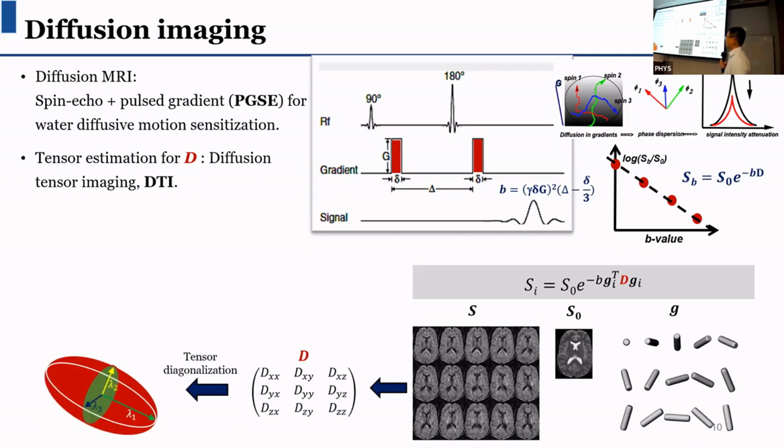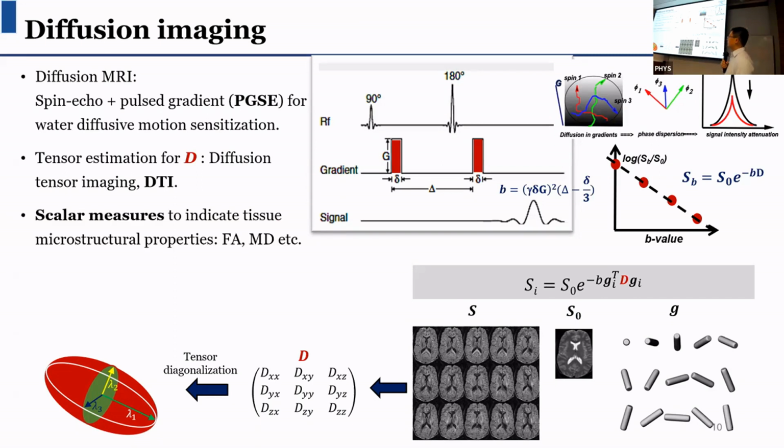You do a tensor diagonalization. In each voxel, you get a sphere or ellipsoid here, with a main direction and two other directions. You will know your water molecules move in this direction much more than in the other two. This is how diffusion tensor imaging works.